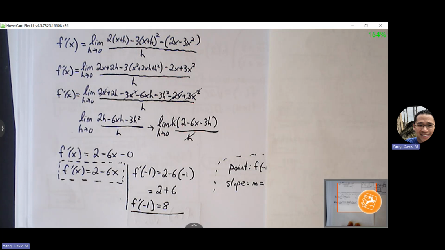Ordered pair, we can plug -1 into the original function to get the ordered pair. Here I'm showing how to find the slope. If I replace every x with -1 in my f prime, I get positive 8. So that means this graph is going to experience a slope of positive 8 on the curve.